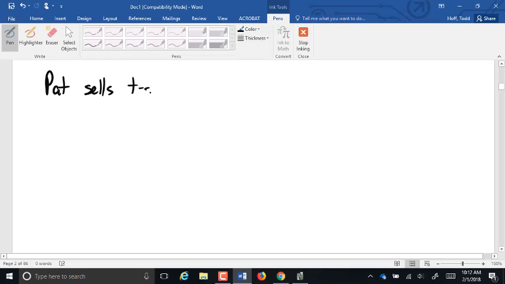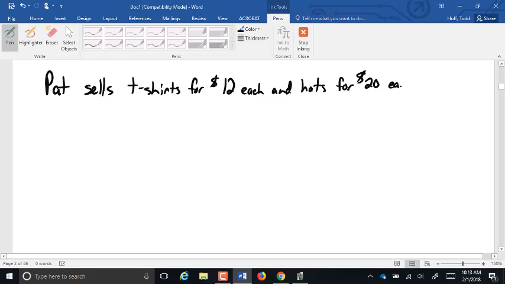Pat sells t-shirts for $12 each, and hats for $20 each.